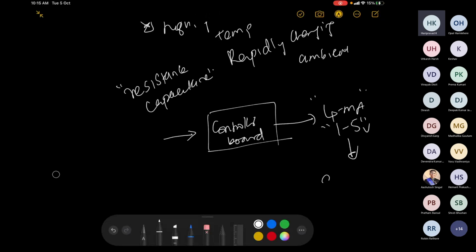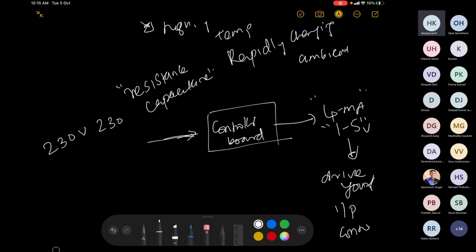This may be good enough to drive your I to P followed by the control valve. Most often you would not supply 230 volt. Somewhere there would be a step down, and at most you would send a 10 volt signal to the controller board just to power it up.